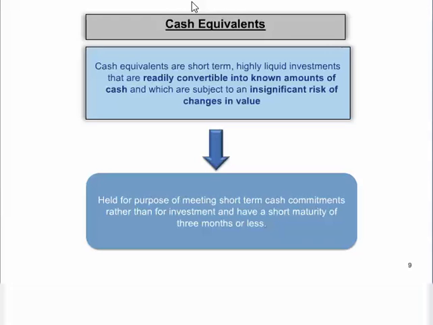So they are different from investment in equity shares, for example, which are always subject to significant risk of changes in value. So cash equivalents are more like fixed deposits or small investments which can be readily converted into cash and are not subject to risk of changes in value.